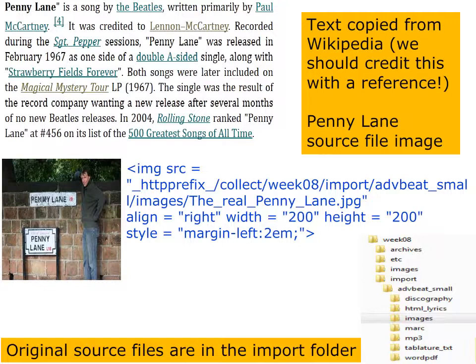Now I can also add some width and height and some margins to style it. Notice I'm putting in the file name as the real Penny Lane, but I could actually put in ex source as well, which is the file name for this particular record. So I could use the HTTP prefix macro along with the DC, or actually in this case an EX metadata element, EX source. So this allows me to refer to the picture.